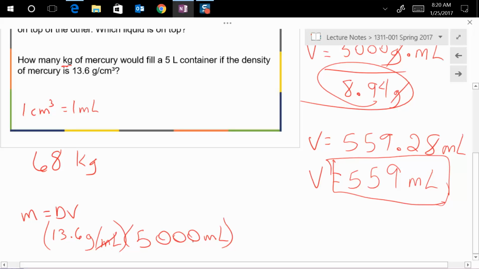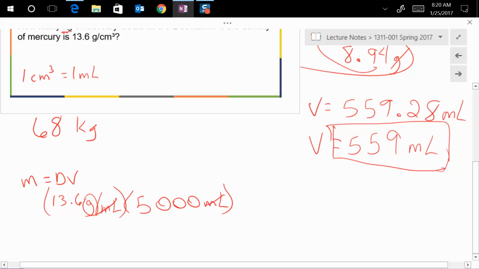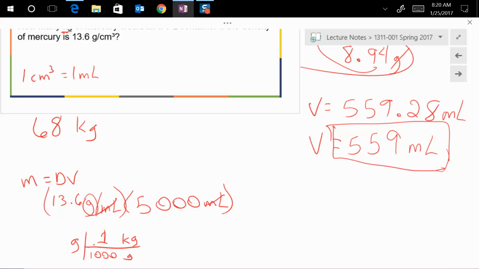My milliliters cancel, I'm left with grams. Once you find your grams, then you convert to kilograms, right? There's 1,000 grams in every 1 kilogram. Okay, so if you were following that procedure, then you'd be able to get the answer. Okay? Any questions?